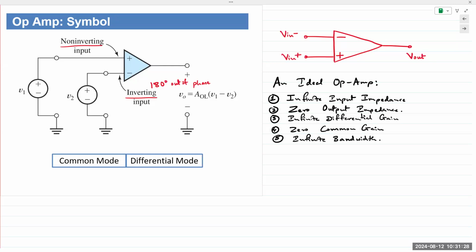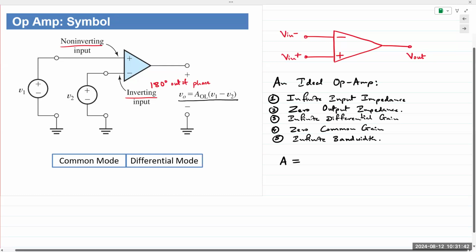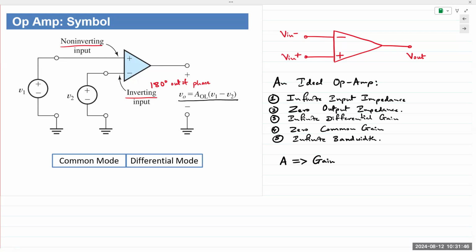Okay. All right, so here we see V out is AOL, America Online, times V1 minus V2. A, for some reason, I don't know why they chose A, stands for gain of the amplifier.